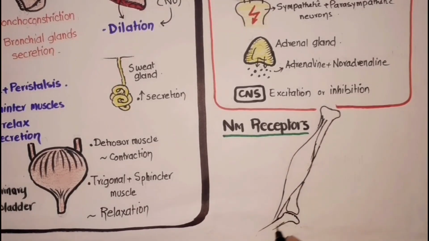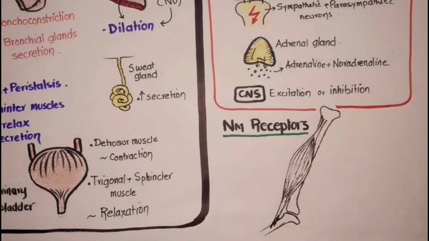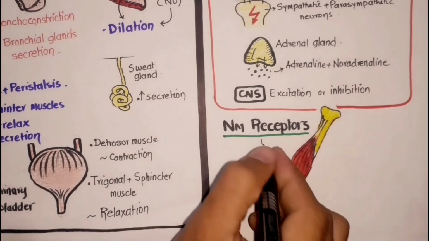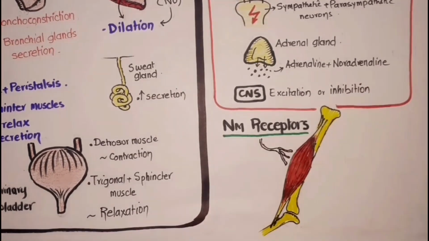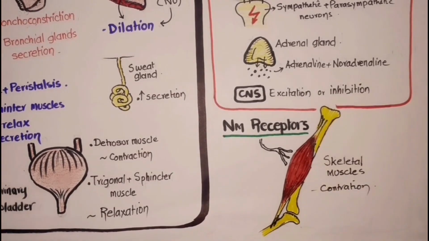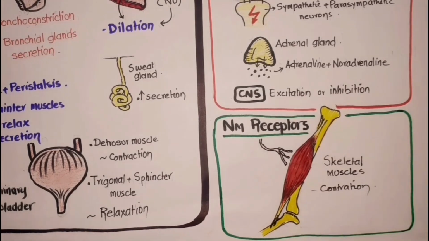Well, these receptors, as the name indicates, are present in neuromuscular junctions, specifically on the skeletal muscle neuromuscular end plate, where these receptors are concerned with the contraction of our skeletal muscle fibers.